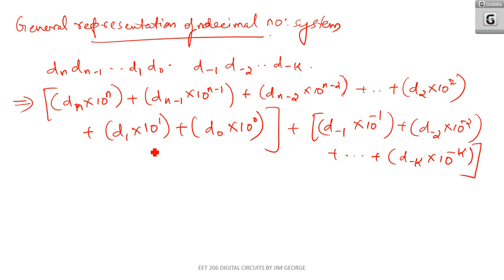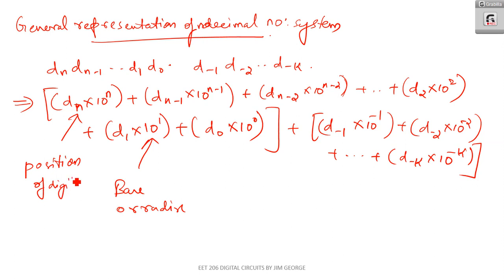Okay. Here this 10 stands for base or radix of the number system, and n stands for the position of the digit, as well as k also stands for position of the fractional part, position of the decimal part.